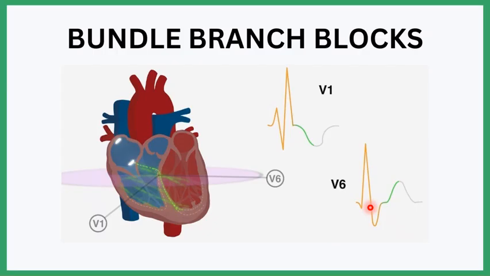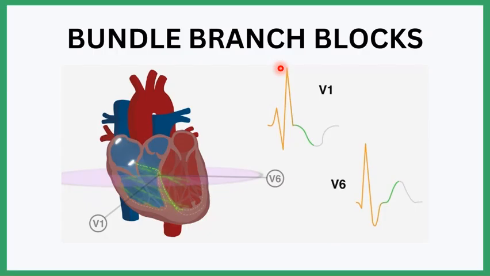And so when we talk about the classic configuration for a right bundle branch block, we see RSR prime configuration in V1, and I have to give you fair warning that sometimes we don't see this lovely rabbit ear thing, but rather these merge together to create one very tall, wide, upwardly deflected complex in V1.